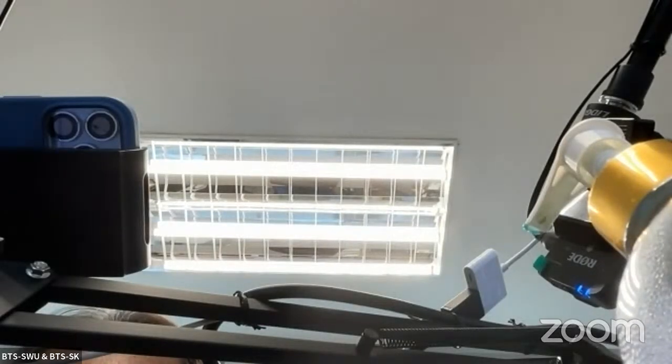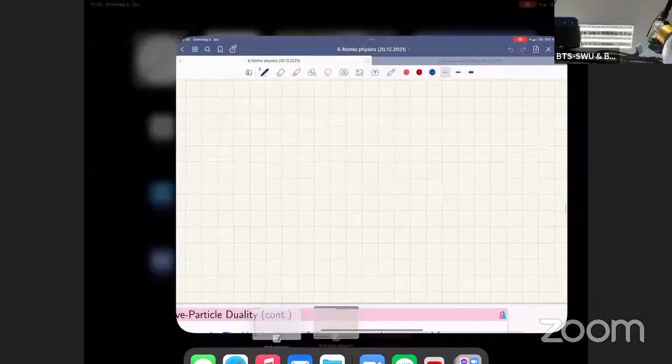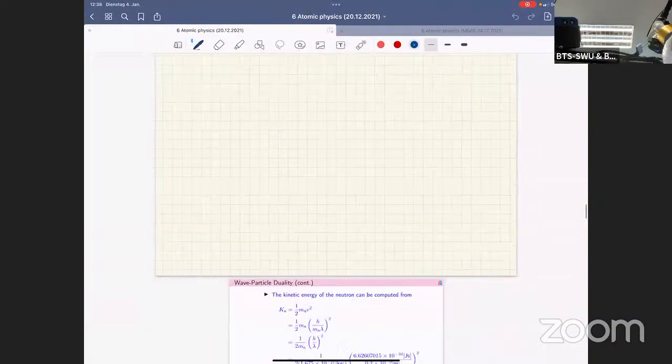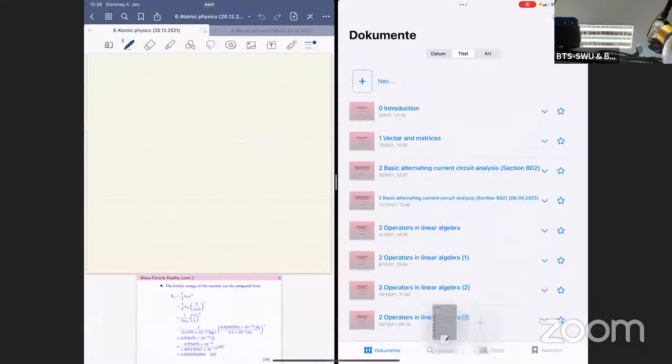Share the screen. Sure. Yeah. This one. Go to the right. It's M605. It's M605.